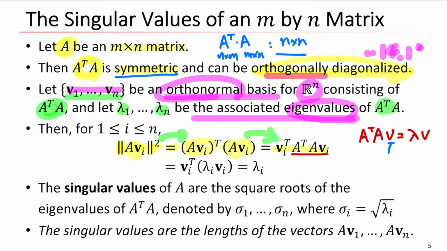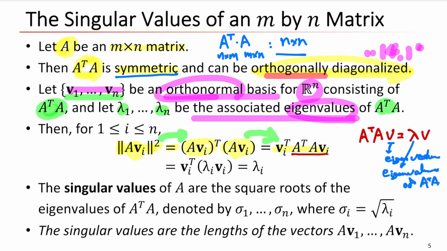Because this is the eigenvector and this is the eigenvalue of matrix A transpose A, right?